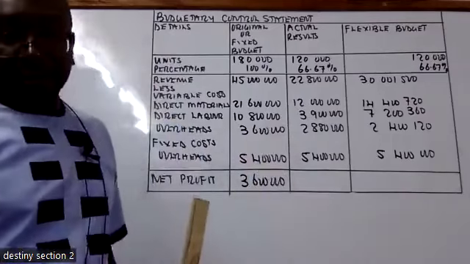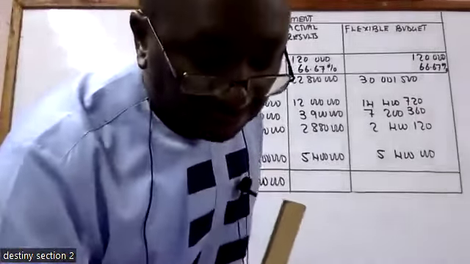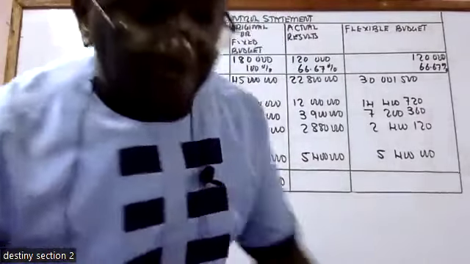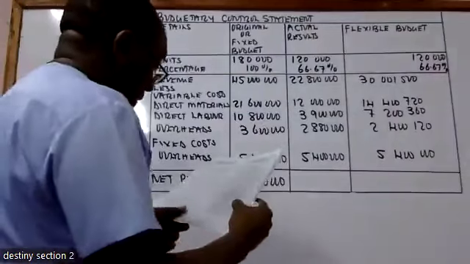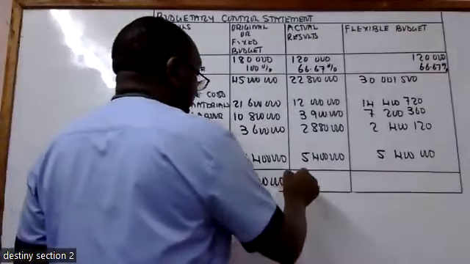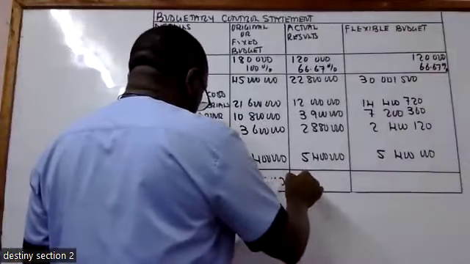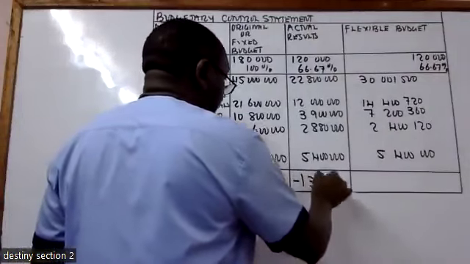This other one is just like it is given, but you can confirm as it is given. Is a negative 1,380,000.